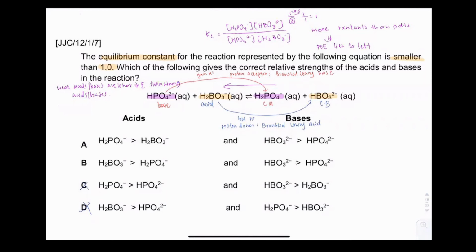We also need to know that in a reaction, equilibrium favors the side with lower energy. Hence, since the POE lies to the left, it means the left-hand side has lower energy. So this means that this side is weak. So therefore, on the left, I have my weak base and weak acid. And on the right-hand side, I have my strong acid and my strong base.